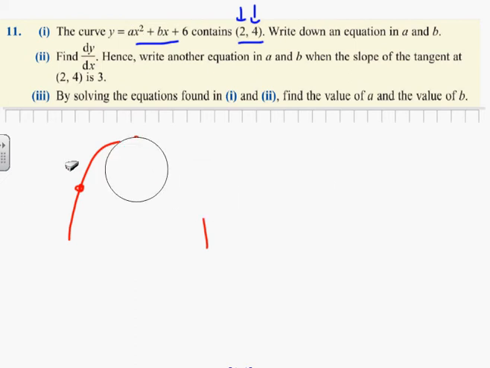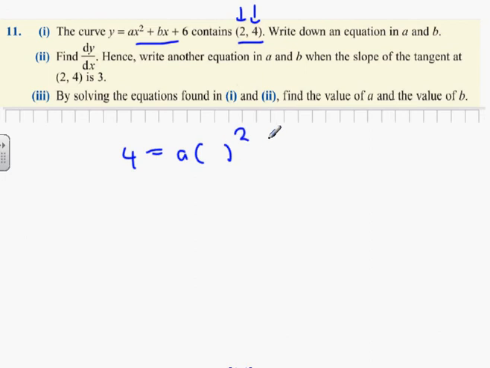That's always the case. If you say a point is on a curve, when you replace the x value and the y value of that point into the curve formula, it's got to balance every time. So we're going to get y is 4. What's ax squared? a times 2 squared, plus b times 2, plus 6.